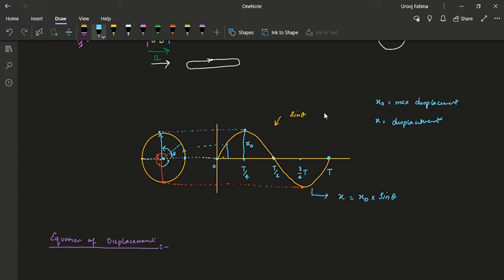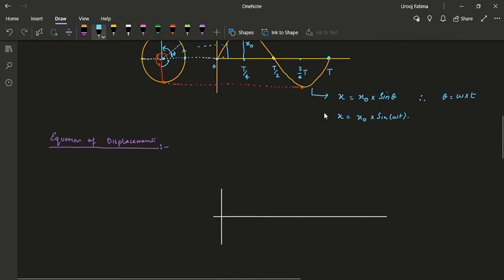Whereas we have learned that angular displacement is basically given by the angular velocity times t, so we can just replace that, and the equation might become x0 times sine of omega t. Okay, now so this is how you see.